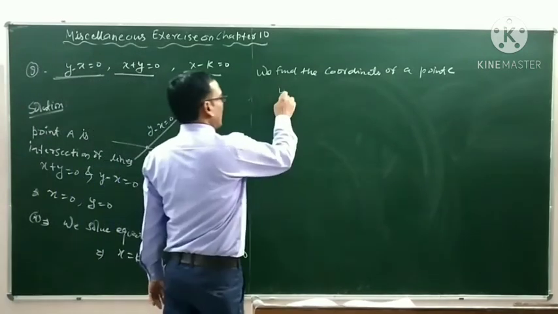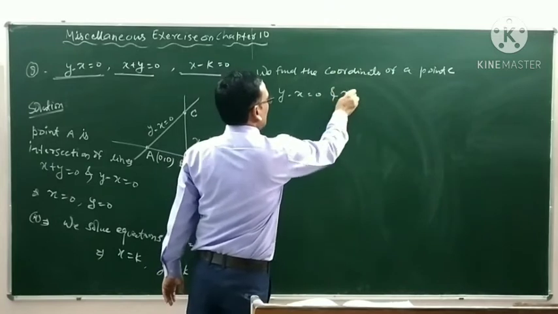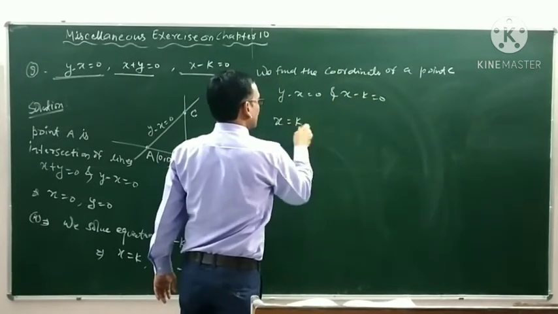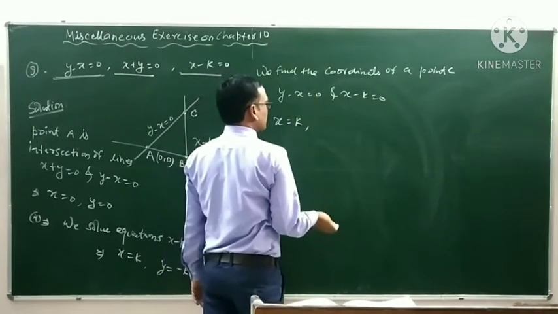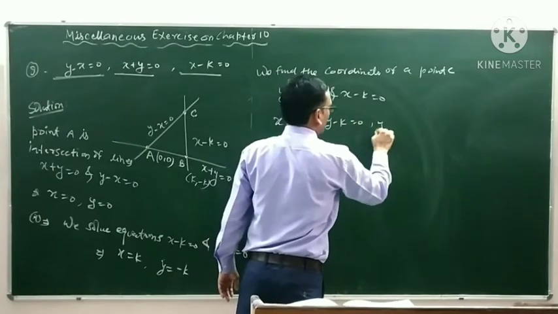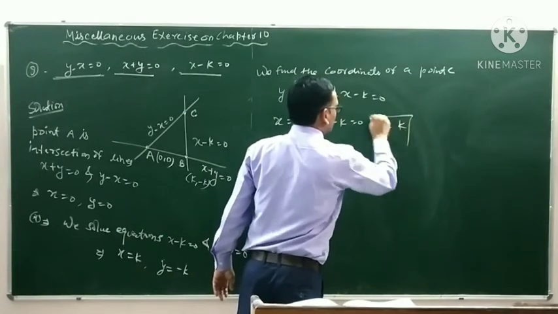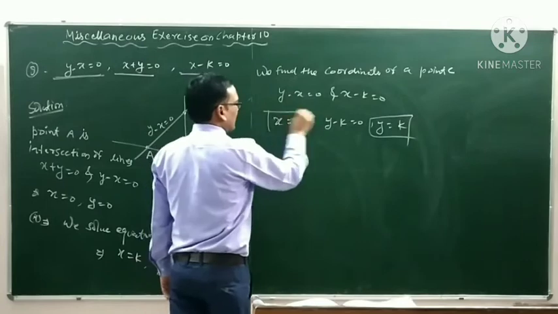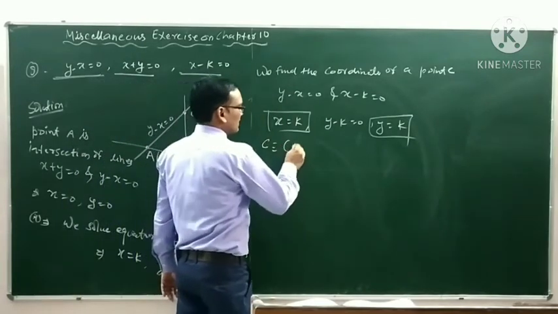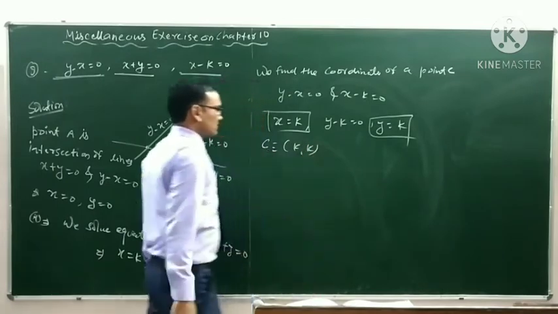Then we solve y minus x equal to 0 and x minus k equal to 0. x equal to k. Here we put the value of x equal to k, y minus k equal to 0. This implies that y equal to k. y equal to k and x equal to k. The coordinate of point C is k comma k.